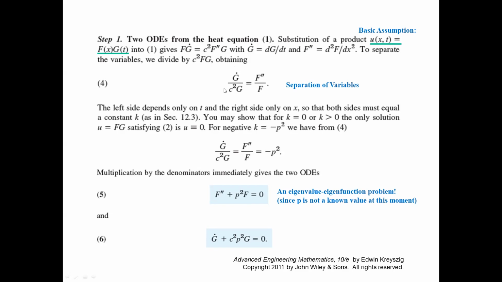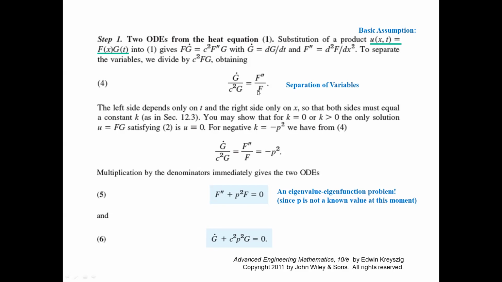We usually leave the constant on the side with t. The reason is we are going to solve f first, and we don't want to carry this constant all the time.